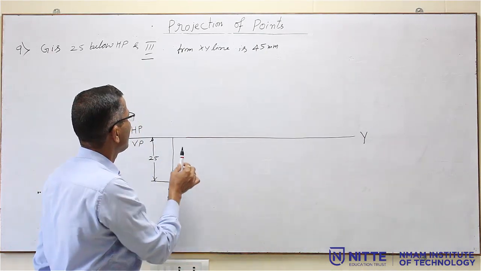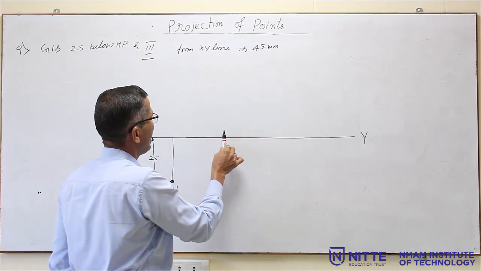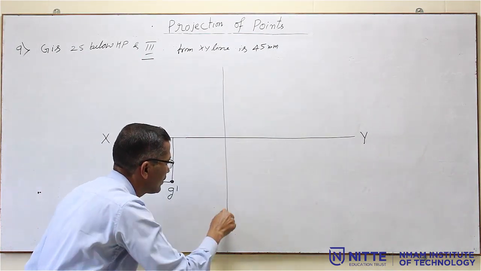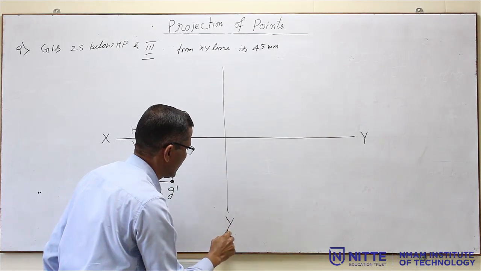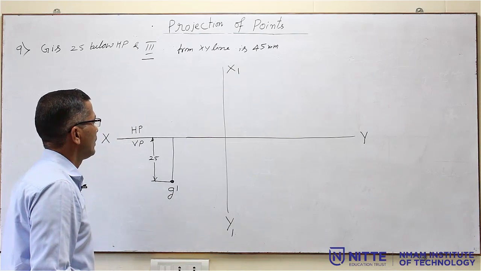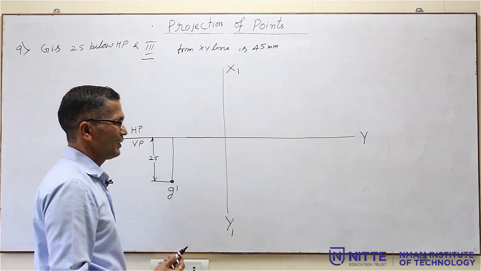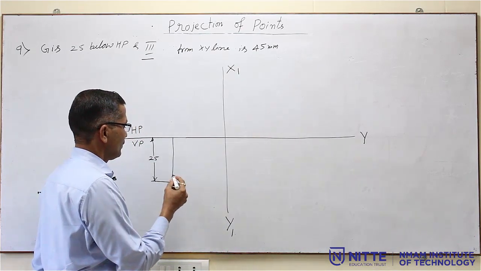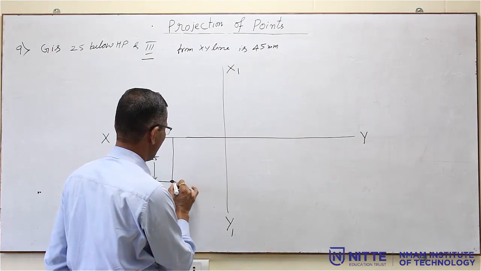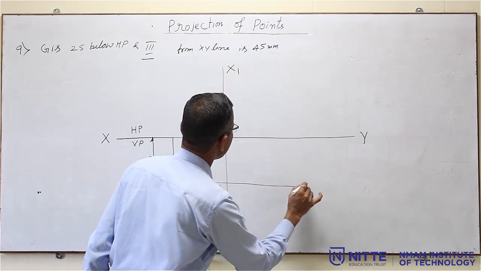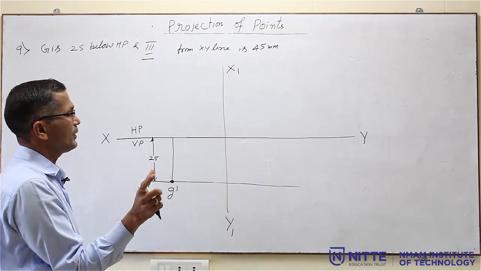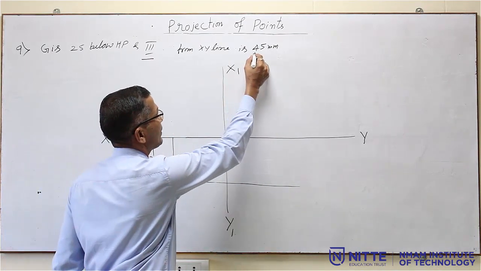So, that is why leave a gap and draw the profile plane, that is x1 y1. Then you have to mark the shortest distance. From here you draw a light line like this and take your compass at a distance of 45 millimeter.